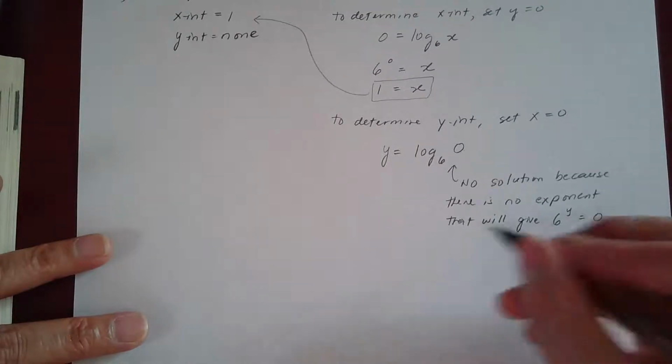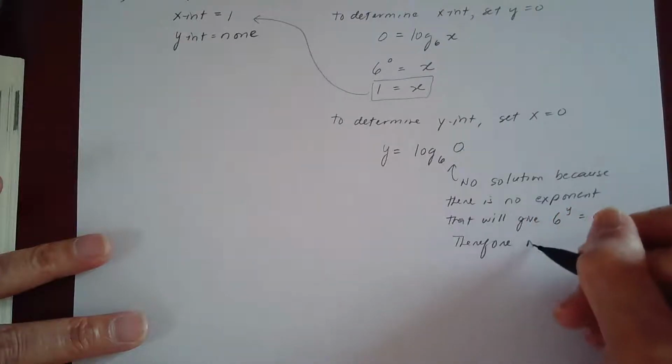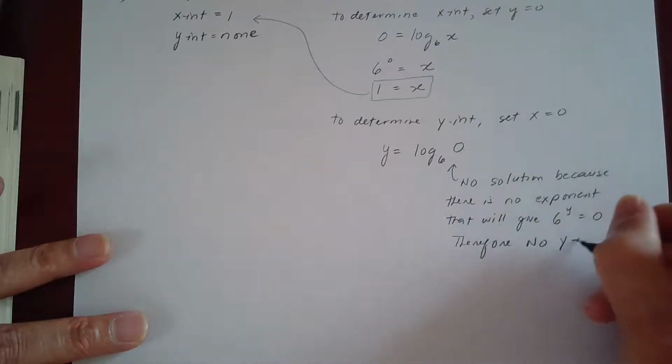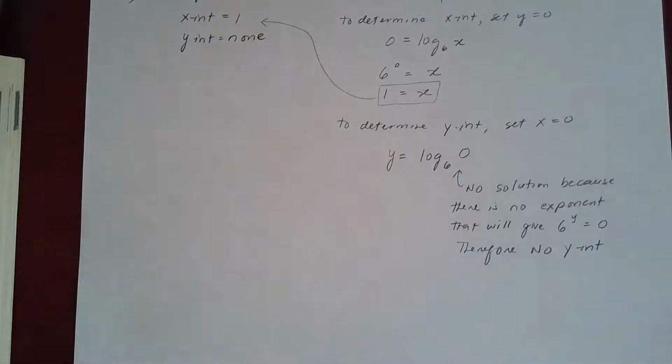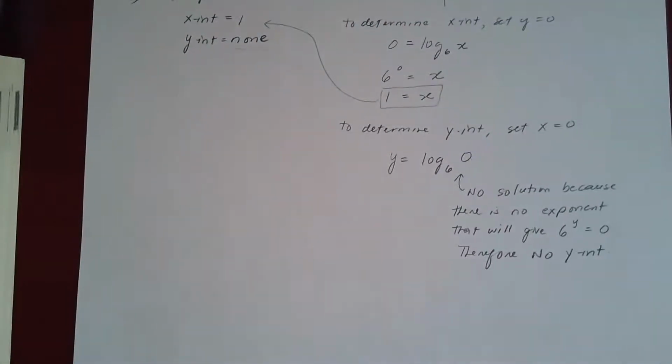So no solution, therefore no y-intercept. And that's why it says there's none. Okay, so that answers that. So even if we didn't have the graph, we can still figure out what the intercepts are.